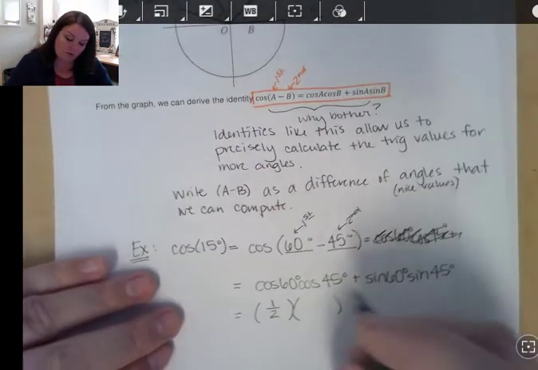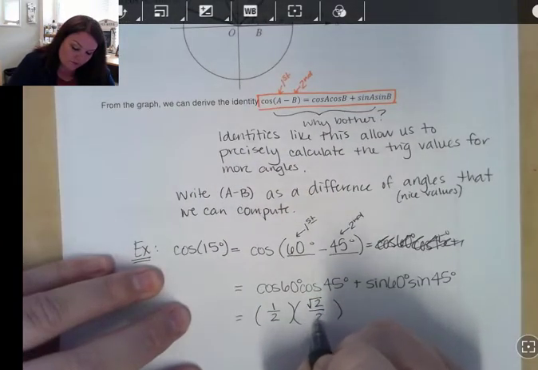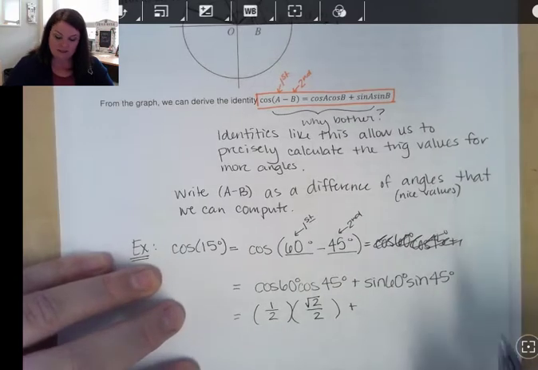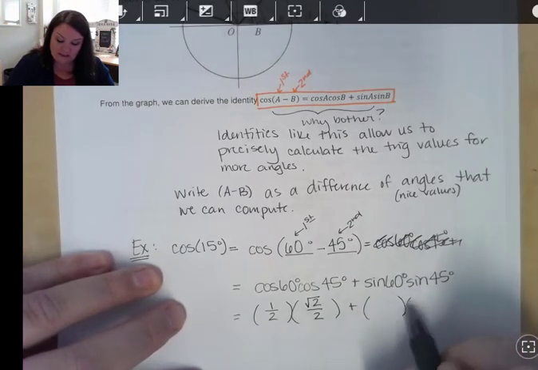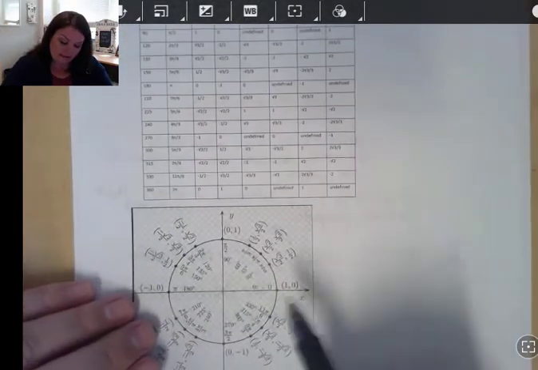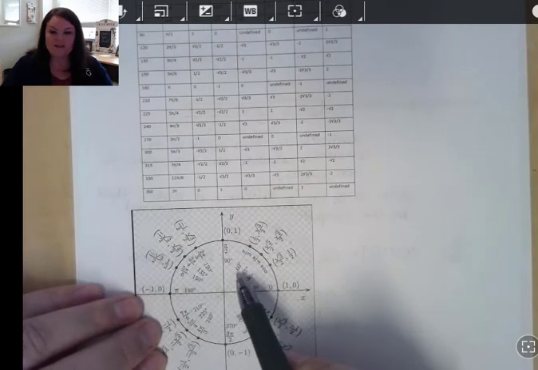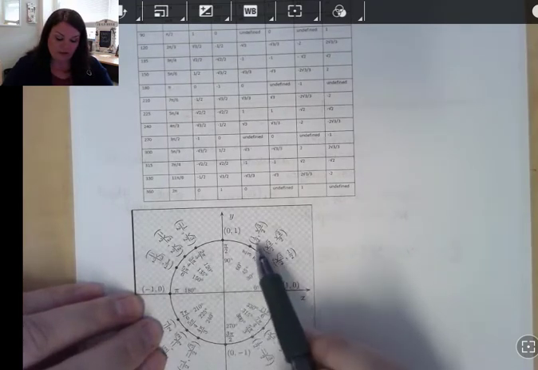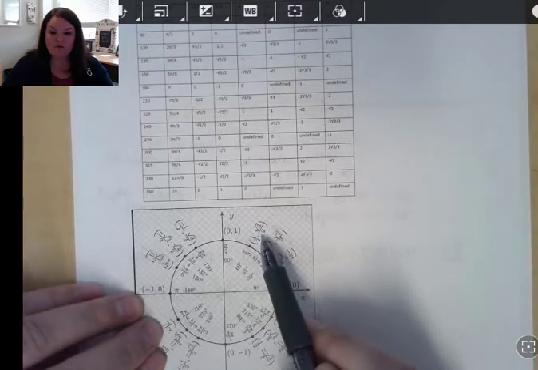So cosine of 45 is square root of 2 over 2. Plus, I need to know the sine of 60 and the sine of 45. So I'm going to flip back over. I'm going to go to 60. And I'm going to take the sine value, which is the second value in the ordered pair. So that's square root of 3 over 2. So sine of 60 is square root of 3 over 2.